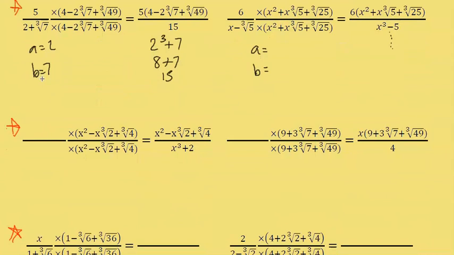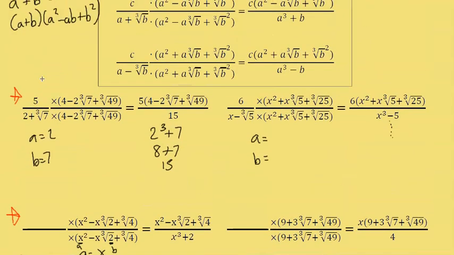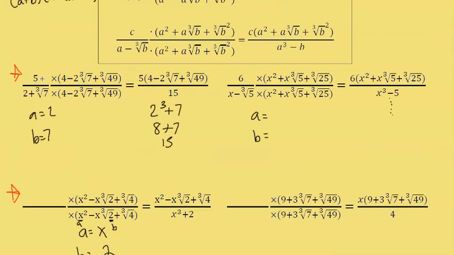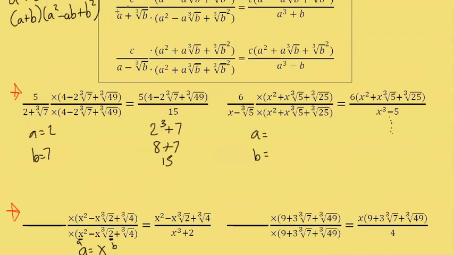So we have blanks and then we have the conjugates. So it looks like from looking at this, we have A is going to equal X and B is going to equal 2. So there's B and then there's A. Square root of X squared is just X. So we would then have a minus sign, so we're going to use this first one.